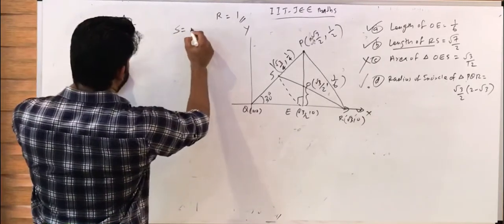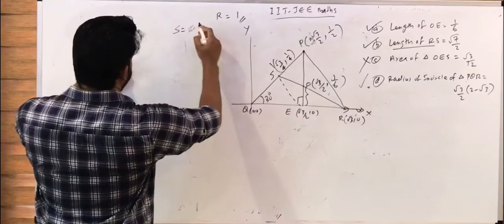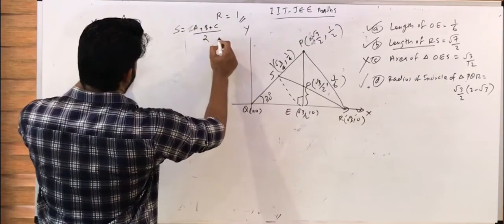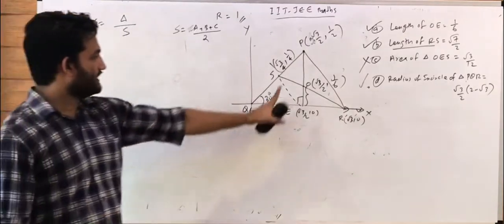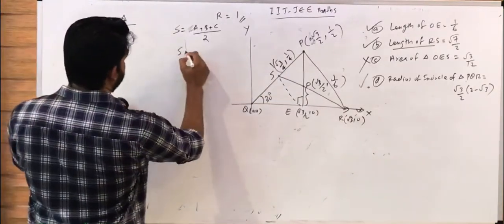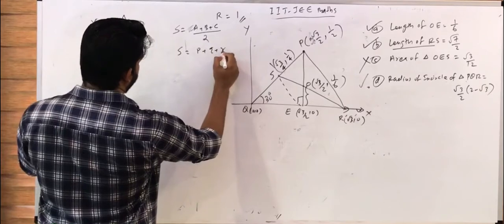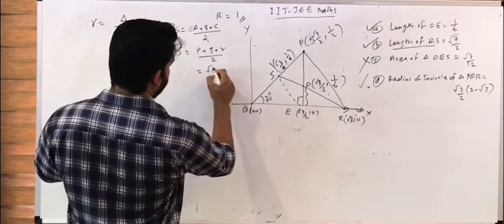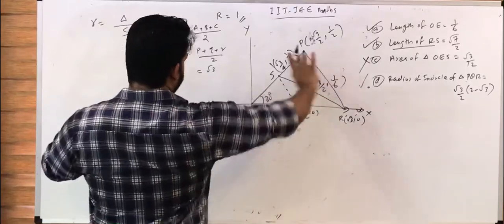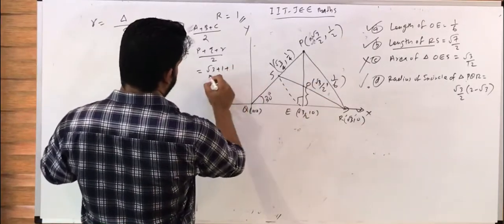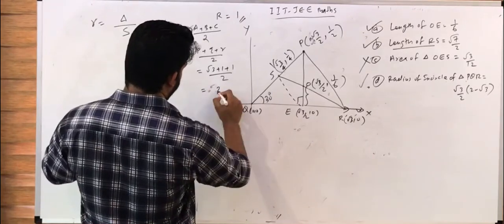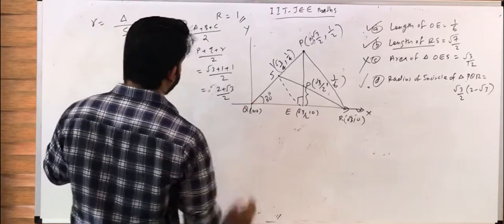What is S? S is equal to the sum of the sides, the perimeter, divided by 2. So in this question, S is equal to P plus Q plus R divided by 2. That is root 3, this side, these sides are 1, 1, plus 1 divided by 2. That is 2 plus root 3 by 2.